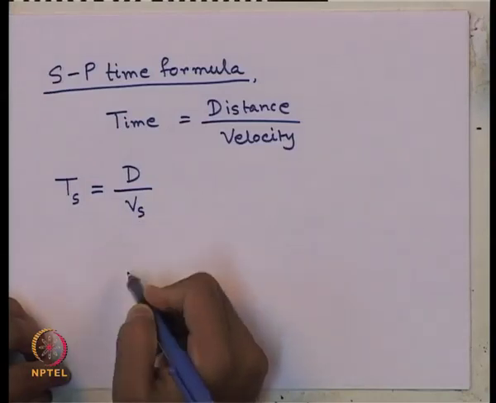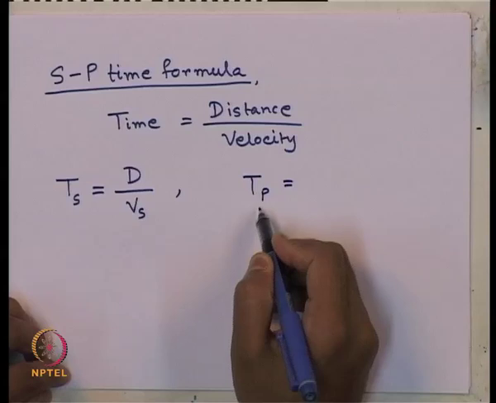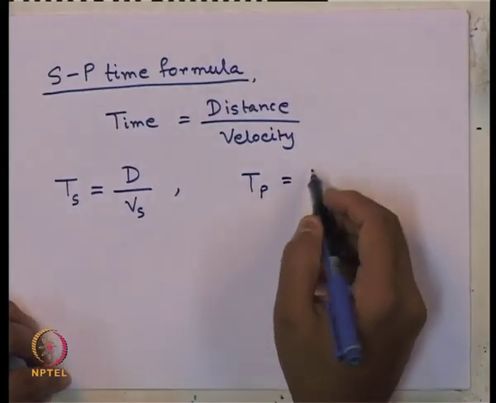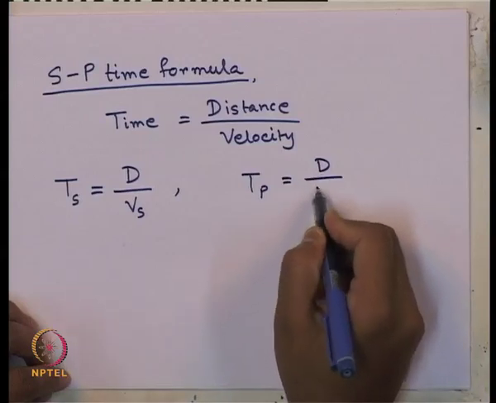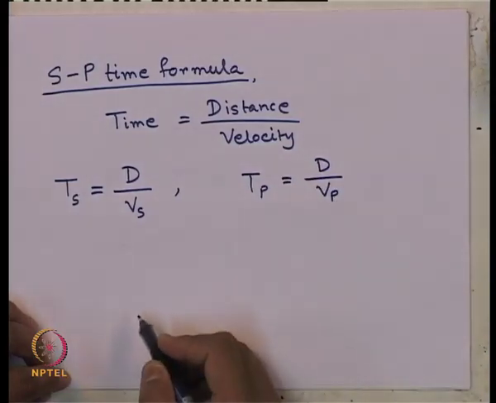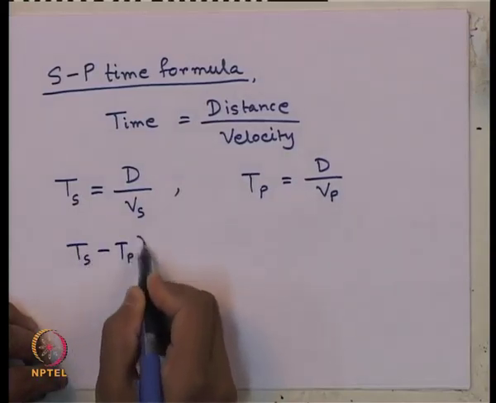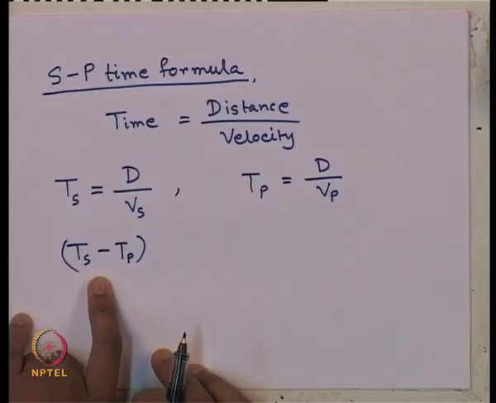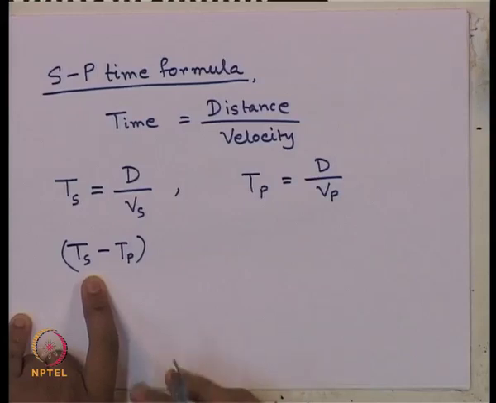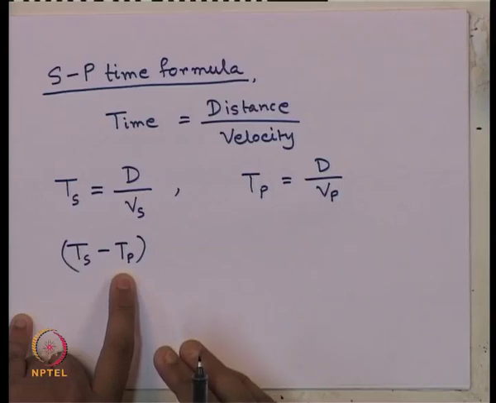The time for the P wave or primary wave is T p equals d by V p, as it has also travelled the same distance. So, T s minus T p, because in our recording station the value of T s will be larger, since it arrives later, and T p will be lower than T s.